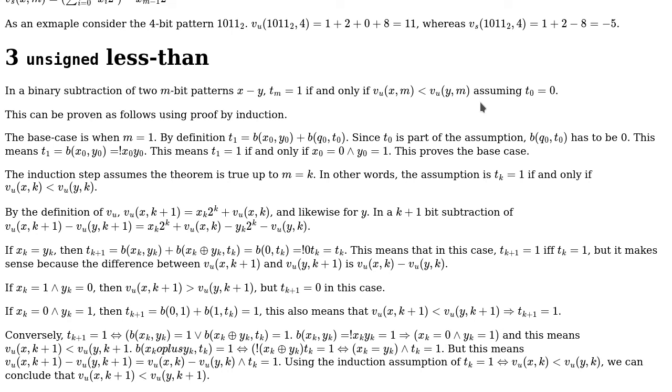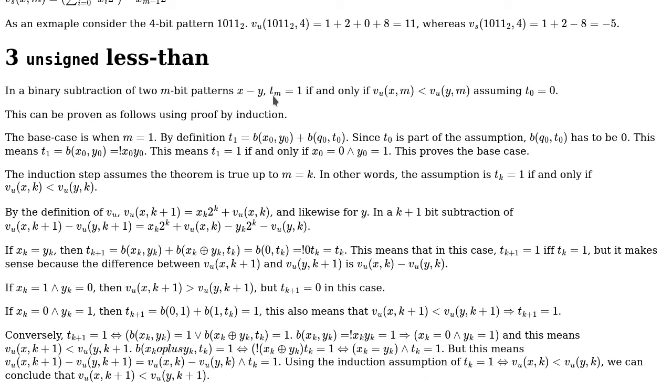What this means is, if you choose to look at the bit pattern x and the bit pattern y as unsigned values, if you choose to say both of these bit patterns are representing unsigned integers, then t of m, which is the carry bit hanging all the way to your left-hand side, is a 1 if and only if the minuend, which is x, is less than the subtrahend, which is y.